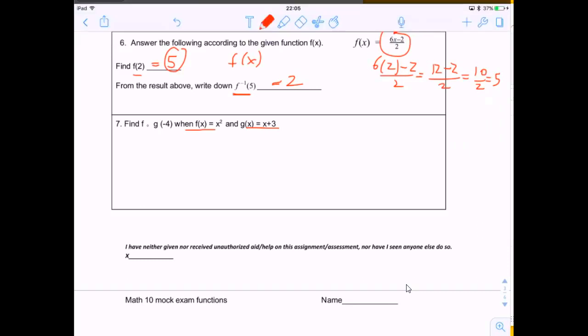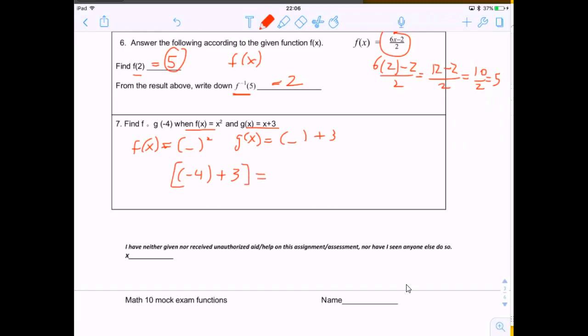Okay, so basically this means that the input is -4, and we're going to put the input of -4 into the g function. I'm going to rewrite both of these functions with the parentheses blank notation, just to make it a little easier to see what we need to do when we put in an input. Okay, so when we put -4 into the g function, we're going to get -4 plus 3. That's the g function. Then we're going to take this output, and then we're going to put it in the f function.